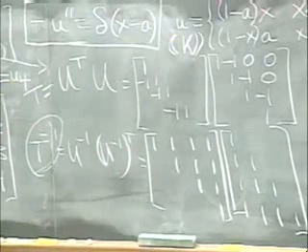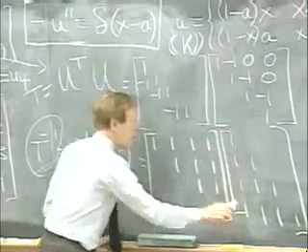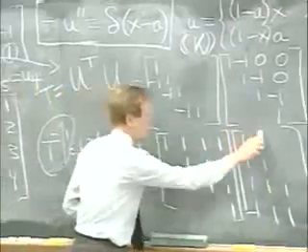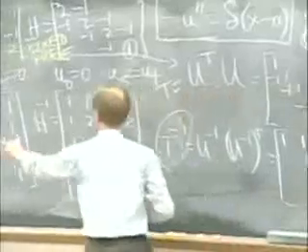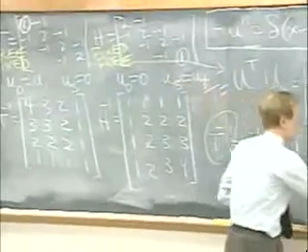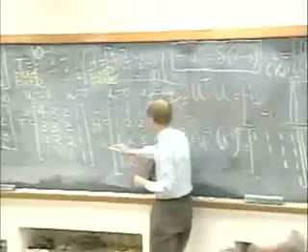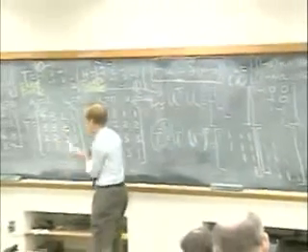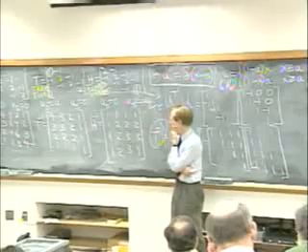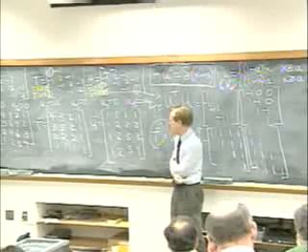I get the 4, and that times the next one gives me 3 1s, produces the 3, then the 2, then the 1. That row times that column will be the 3 here. I'll get this formula. No problem. Okay, so that's all right.